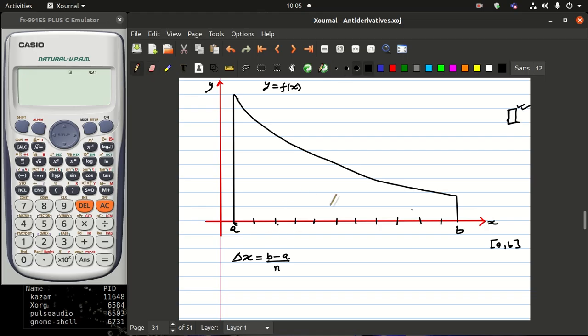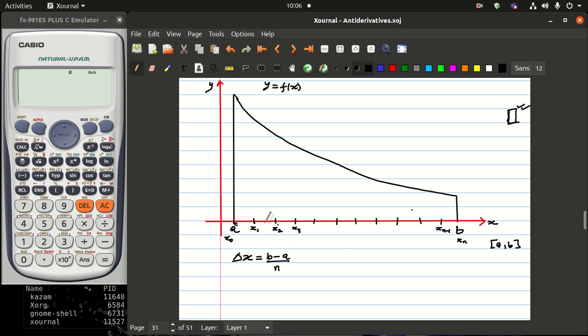The second thing that you do, this one you're going to call x1, this one is going to be x2, this one is going to be x3, all the way until here you have x of n minus 1, so that a is the same as x of 0 and b is the same as x of n. So that is what is happening here: x0, x1, x2, x3 up to x of n minus 1, and b is x of n.